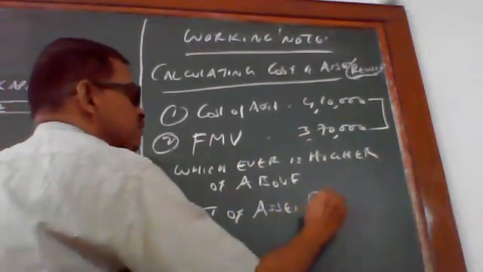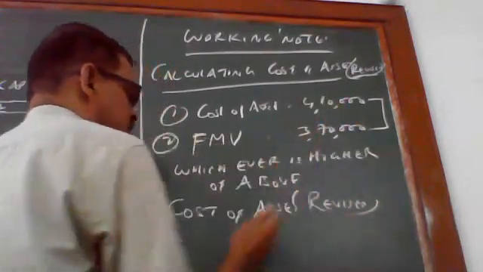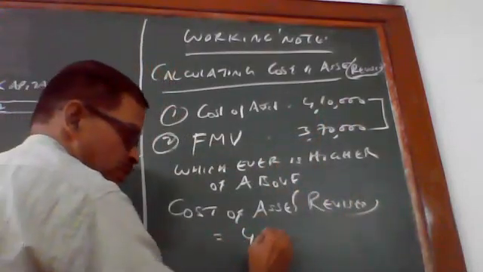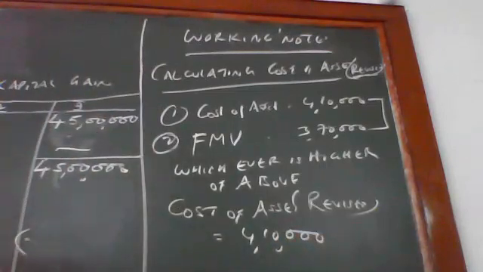Whichever is higher, the cost of asset is equal to 4,10,000. This is how we find out the revised cost of the asset.